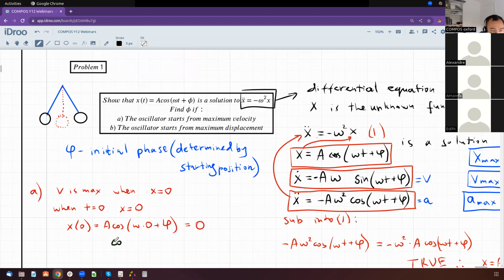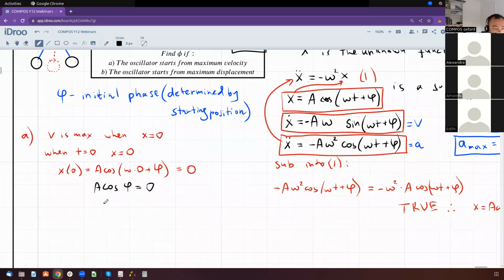So that means a cos phi is 0. So cos phi is 0. So phi is pi over 2.